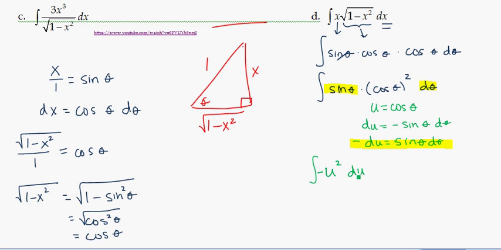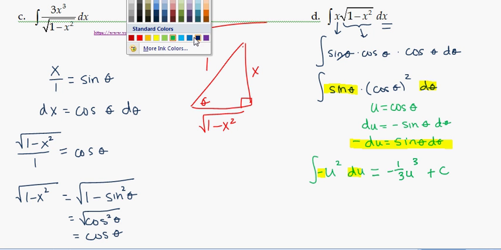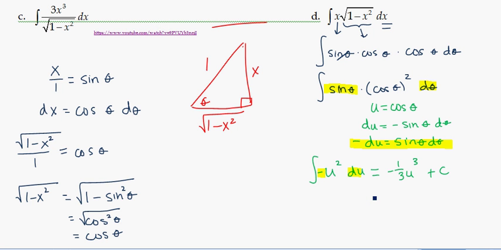Okay, so let me highlight just to make sure you didn't get lost on that, right? The negative and the du, all of that was my sine theta d theta, and then I've got u squared. Okay, and now we can finally integrate. The antiderivative of this is going to be negative 1/3 u cubed. And now we want to back substitute in terms of our thetas, right?